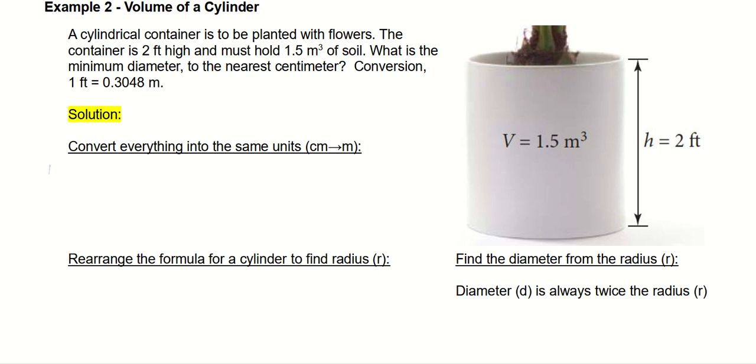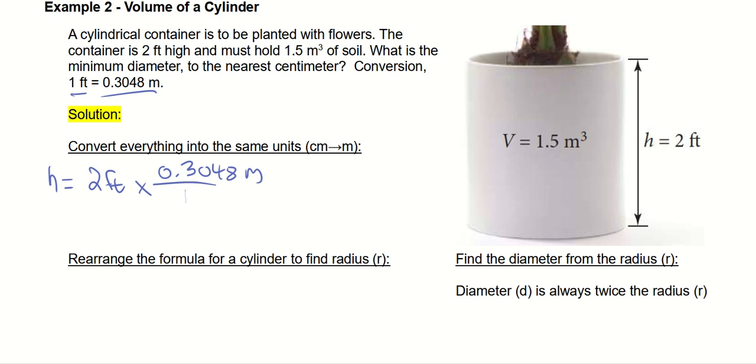So the height here is, right now, 2 feet, right? And I'm going to do my conversion. So times, and I put a dash across. And what's the conversion between feet and meters? Well, the conversion's right here. Again, I put the meters part on top, which is 0.3048 meters.